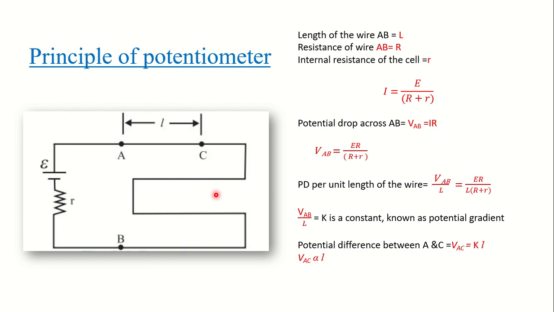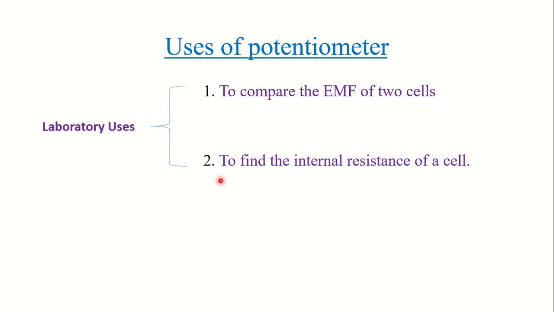So, I hope you have understood the principle of potentiometer. Potential difference between any two points of the potentiometer wire is directly proportional to the length of the wire between those two points. Now we will see the uses of potentiometer. In the lab we use the potentiometer mainly for two purposes.